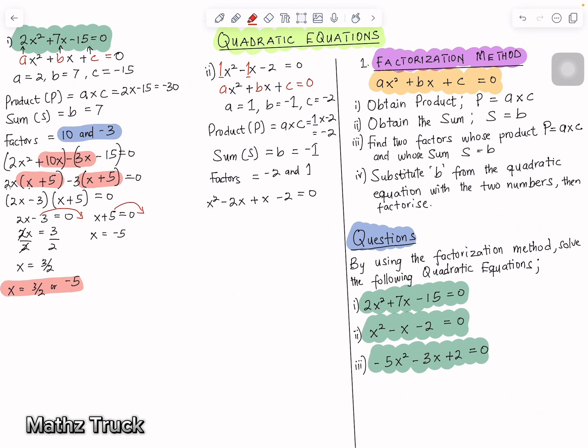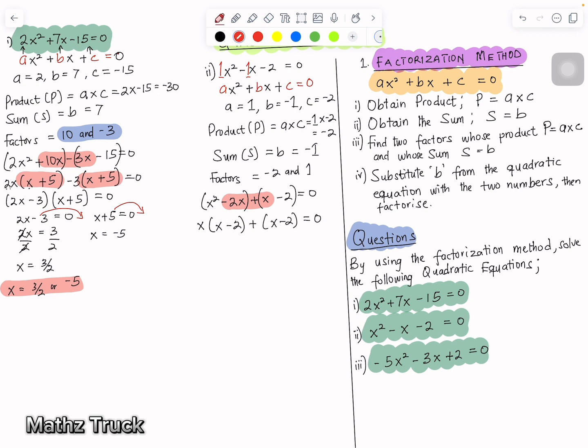We have the negative 2 and positive 1 factors here. So let's put them in perspective. Putting it in a bracket, we have x into bracket x minus 2, plus 1 into bracket x minus 2, all equals 0.